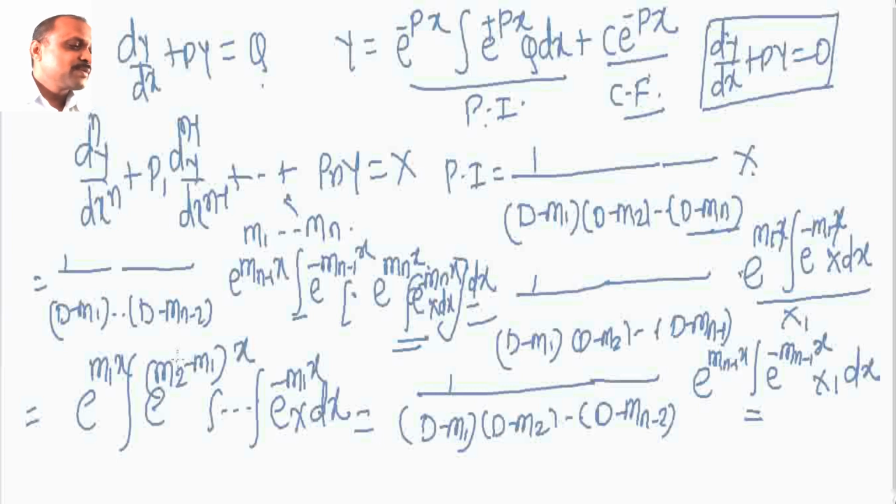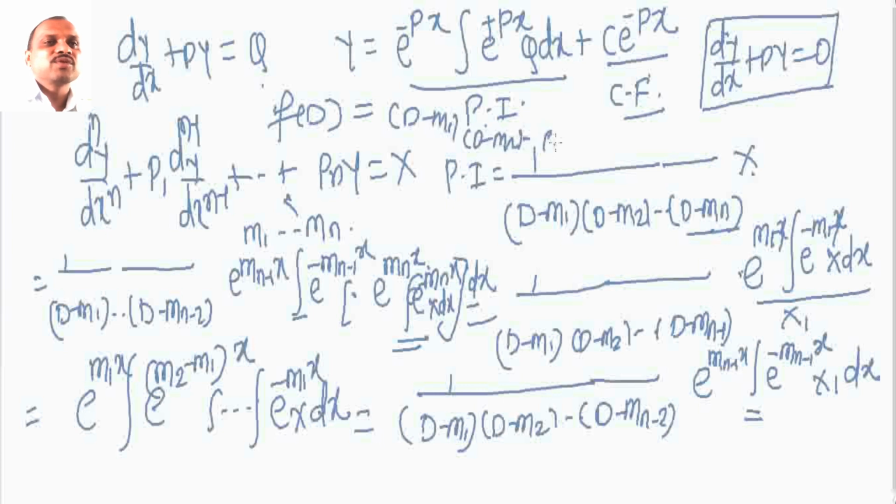This is the first method, where the operator 1 divided by f of D is factored into (D minus m1)(D minus m2) ... (D minus mn). This is the first method of finding the particular integral: operate the operators from right to left one by one and find the particular integral.